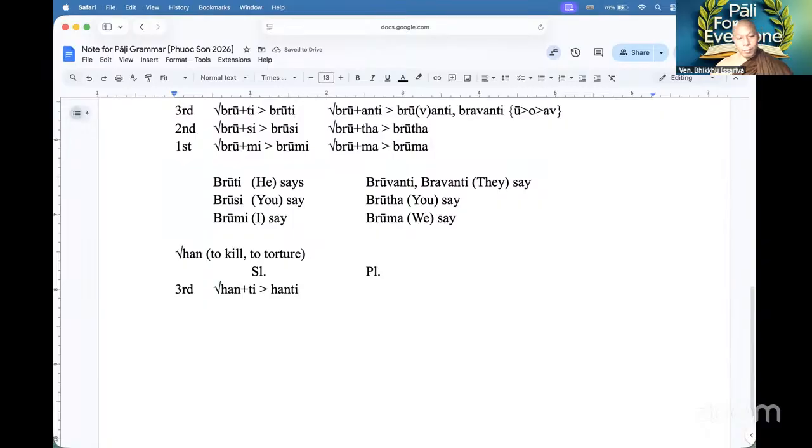But we have another form also: root han, and the sign a, and then di. So hanati also. Okay, so we have the two forms.